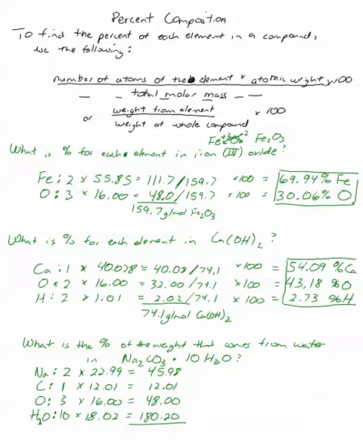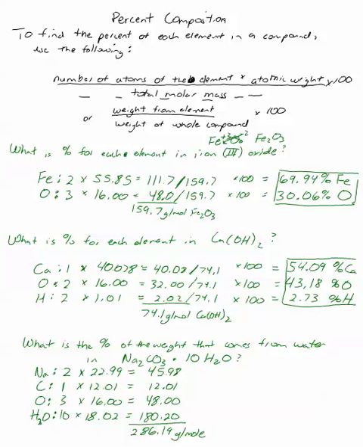So 45.98 plus 12.01 plus 48 plus 180.2, which should give us a total of 286.19 grams per mole.